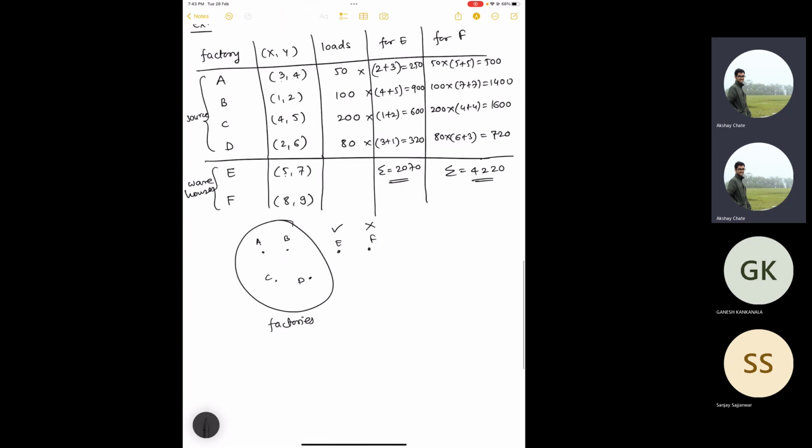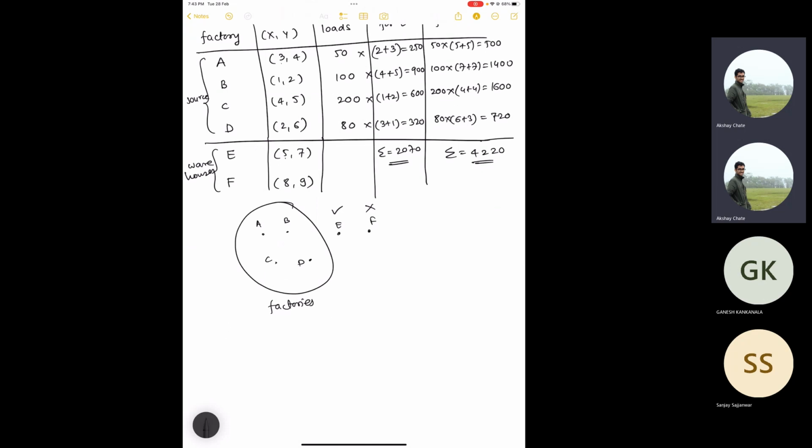Now the question that you asked, that you are the owner of this warehouse E, and you need to decide out of four factories which factories you want to take the delivery from, right? First of all, for taking delivery, you are not paying anything. You are paying to send goods from your warehouse to the next destination, right? If something is coming to your warehouse, the factory is paying for that. So usually the source pays for the transportation.